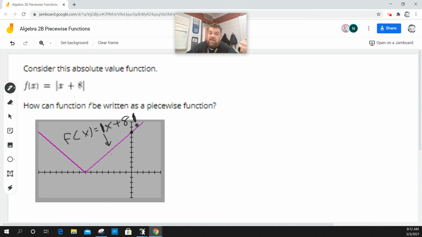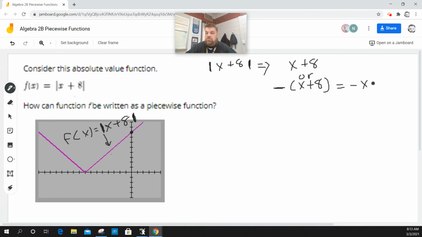And then we have the negative of this. So just to remind you, when you do the absolute value of this plus this, it has two parts. It can be x plus 8 for sure, or it could be negative x plus 8. All right? And then if you distribute that negative sign through the parentheses, you get negative x minus 8.